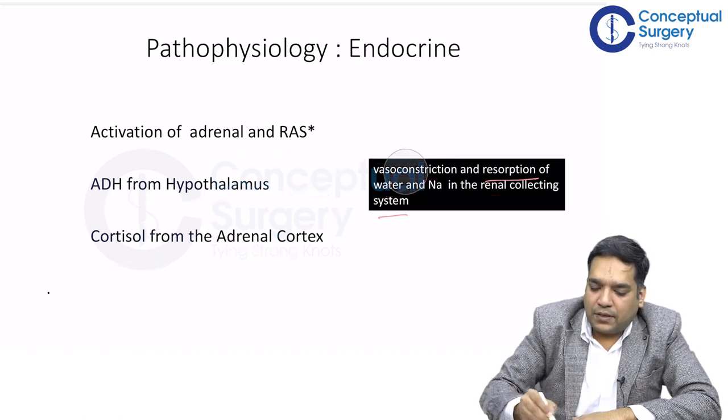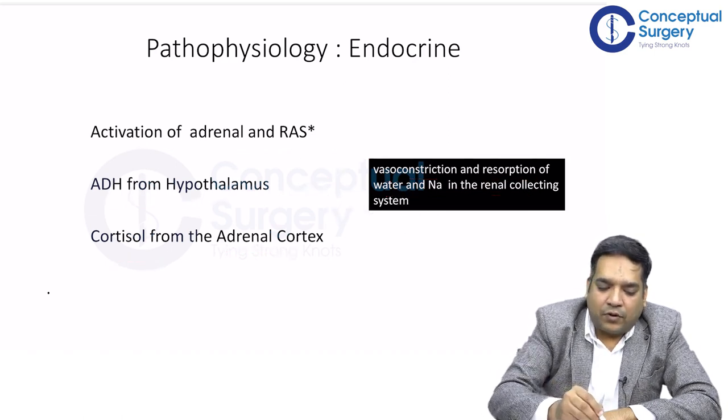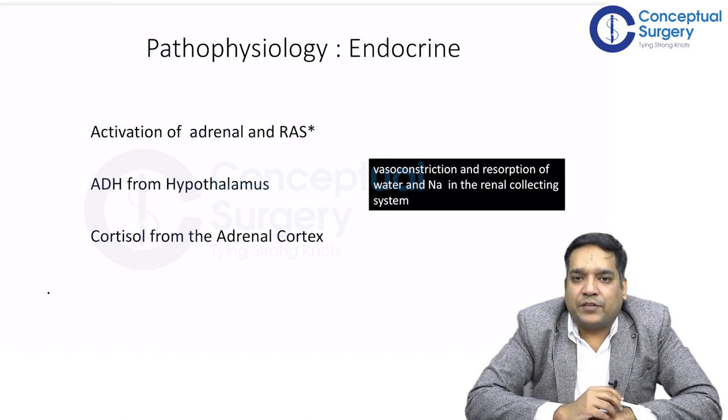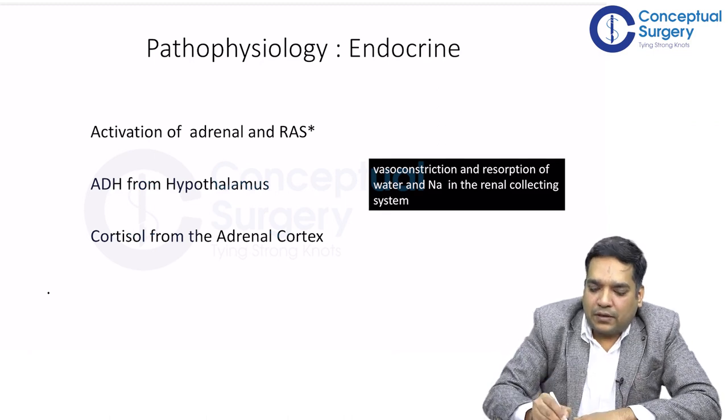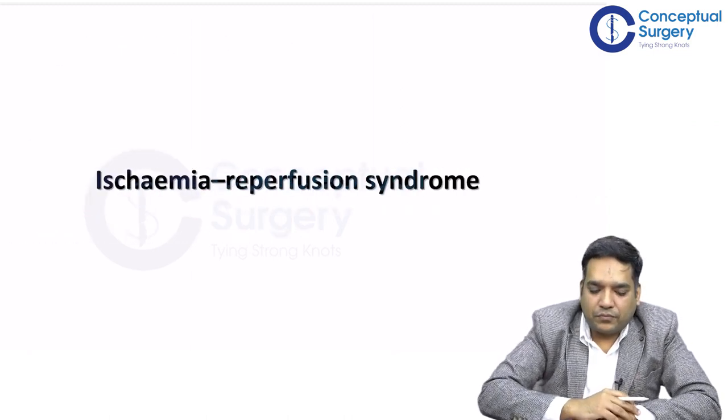Just remember this. There is activation of the adrenal and the RAS system, release of ADH, and release of cortisol. All these three lead to vasoconstriction and resorption of water and sodium in the collecting system.